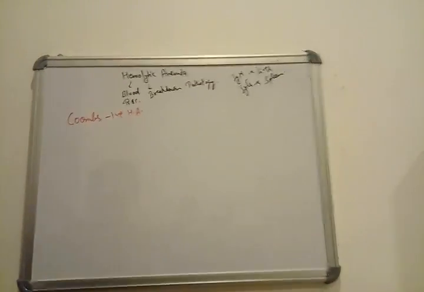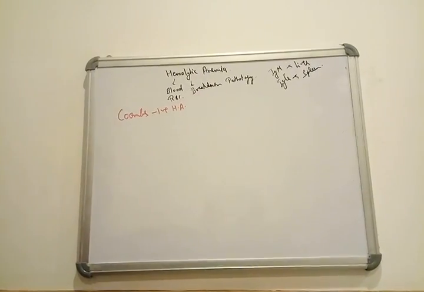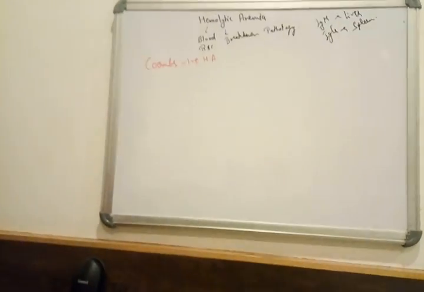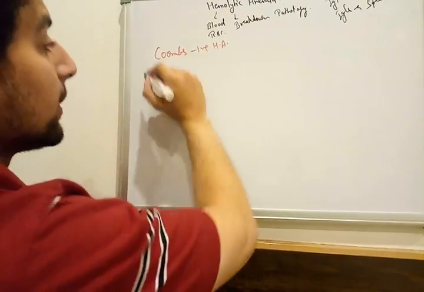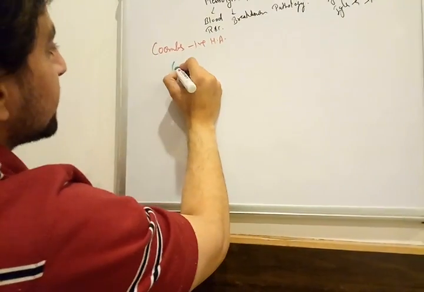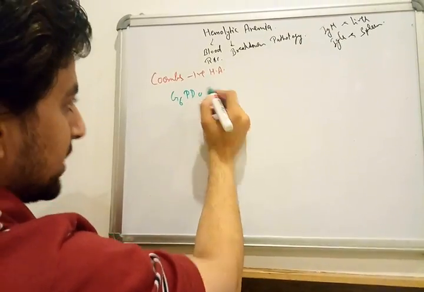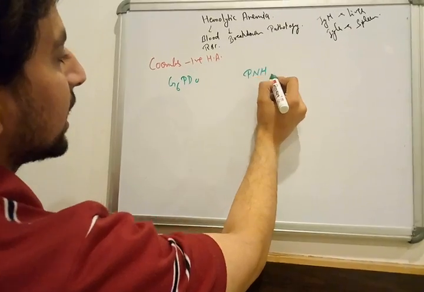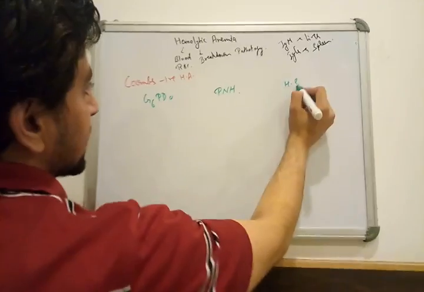Here they include mainly 4 types, but the third one, sickle cell anemia, I am going to explain in another video, because I am going to explain that topic very thoroughly. Now here I am going to explain G6PD deficiency anemia. Okay, my dear friends, PNH, paroxysmal nocturnal hemoglobinuria, and hereditary spherocytosis, HS, I am going to write.